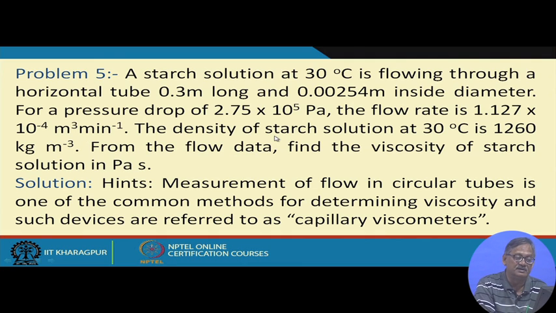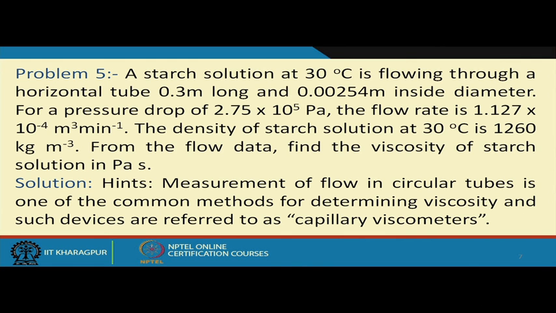The density is 1260 kg per meter cube. From the flow data, find the viscosity of starch solution in Pascal second.